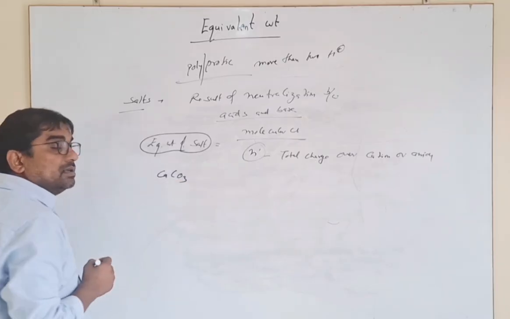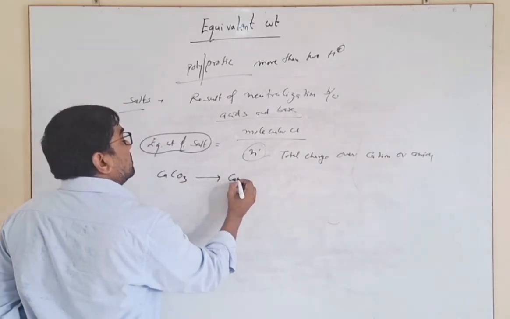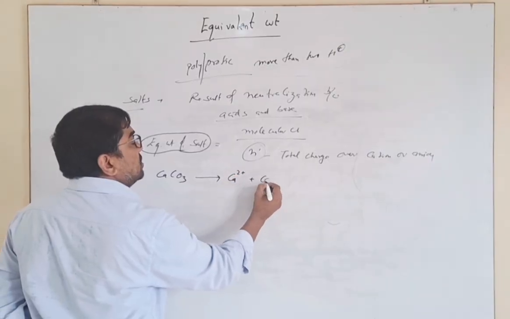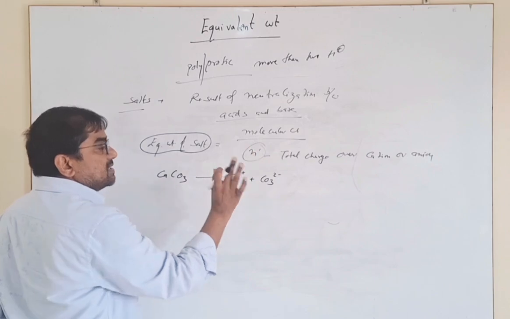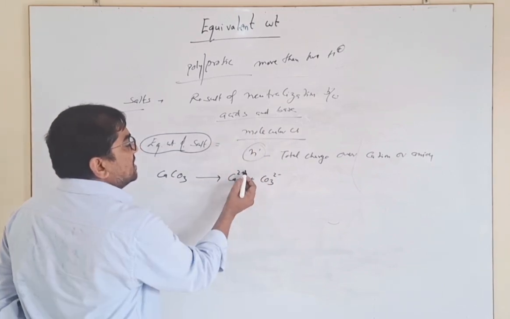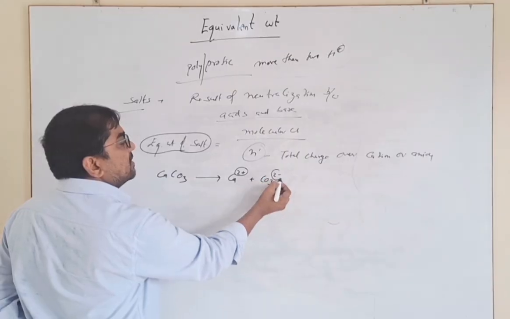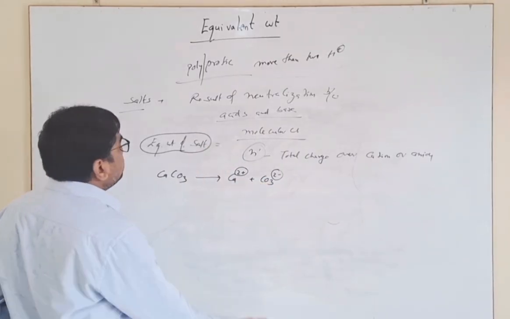Like calcium carbonate is a salt. When dissociated, it gives Ca2 plus and CO3 2 minus. Plus and minus are the charges due to release and acceptance of electrons, but we will just add the value as 2, not as plus and minus.